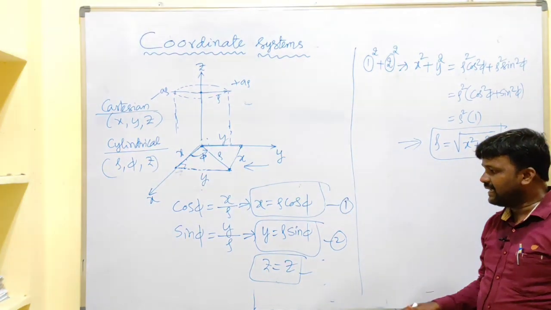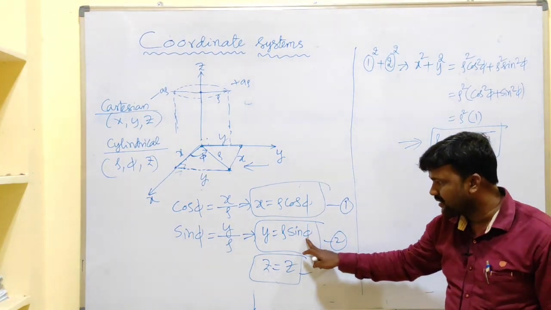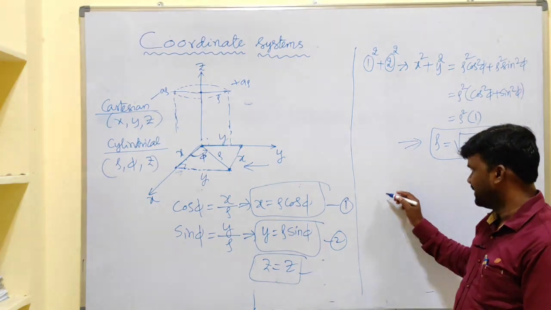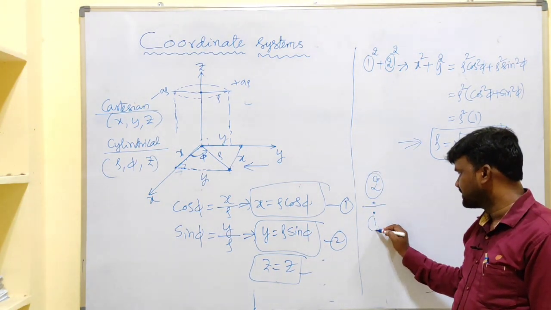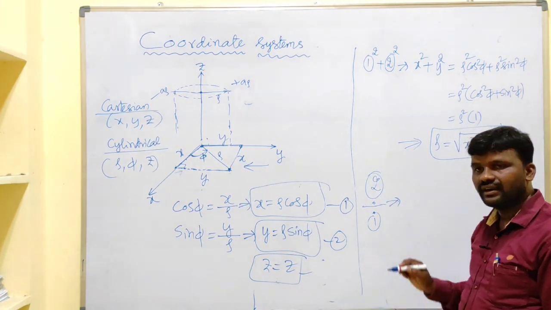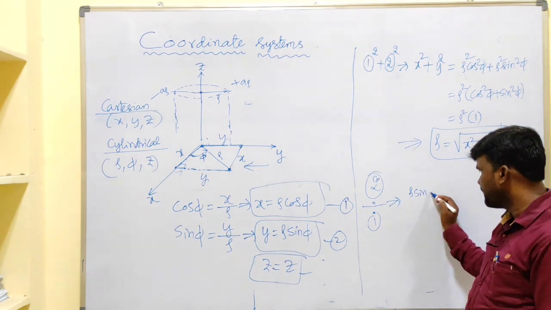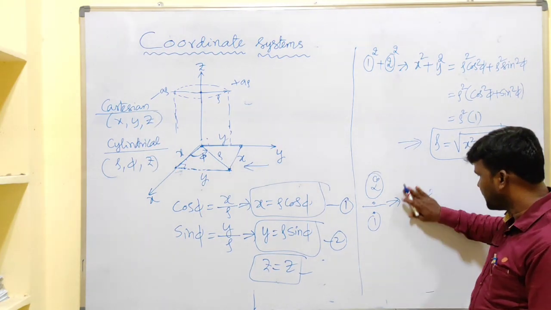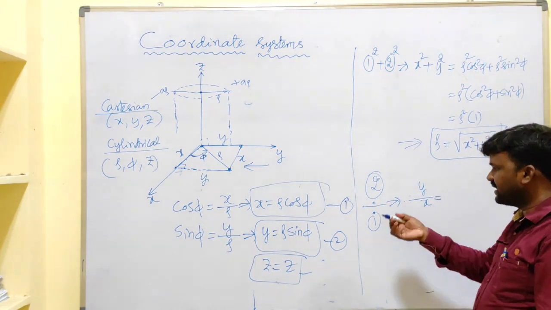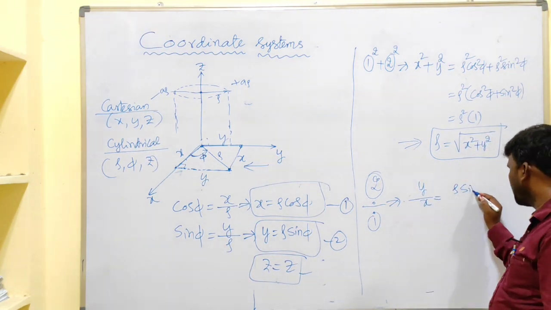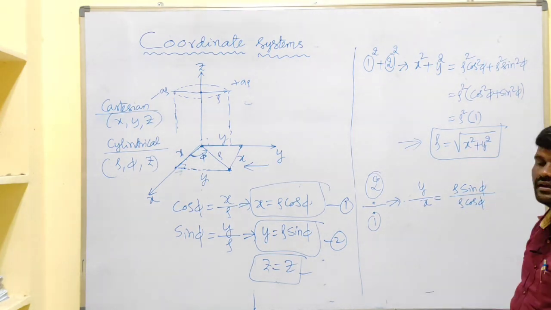Now, can you represent pi in terms of y and x? Let us take equation 2 by 1. What is equation 2? Rho sin pi. On the left hand side, that is y by x. On the right hand side, it gives rho sin pi by rho cos pi.